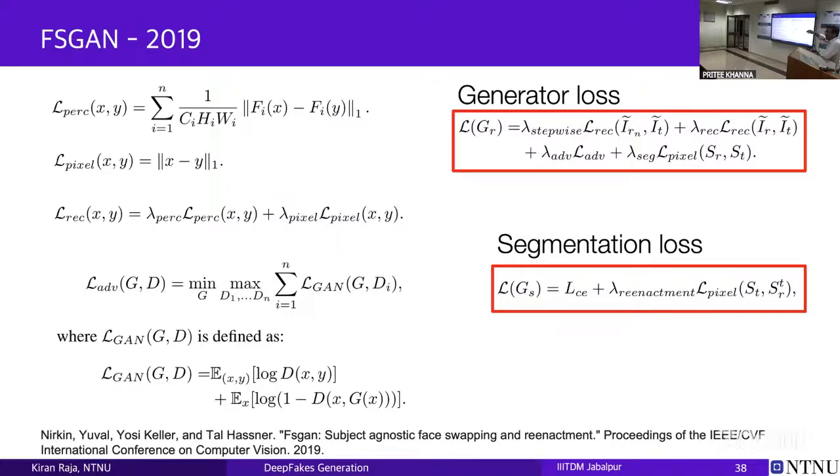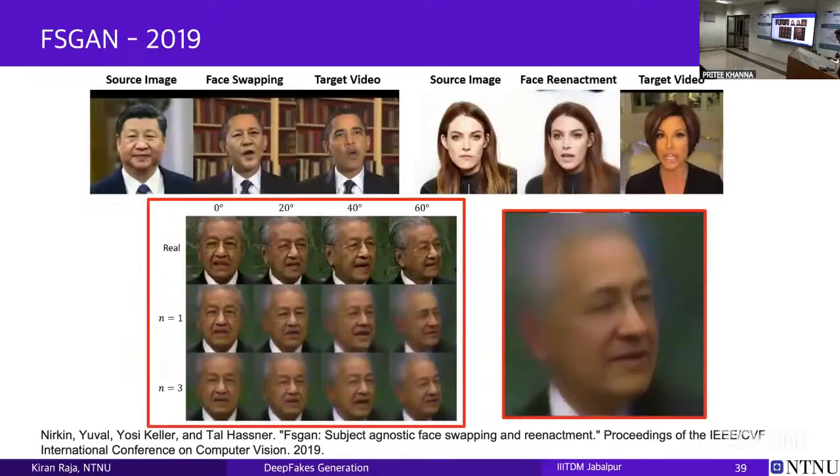Now we have these multiple parties who are responsible for one task each, and then we are putting all of them together, so we have a better image. So in FSGAN, you have the source image and the target video, and the face swapping is happening continuously in the central part. And the same can happen irrespective of the hairstyle, the facial structure, and so on.